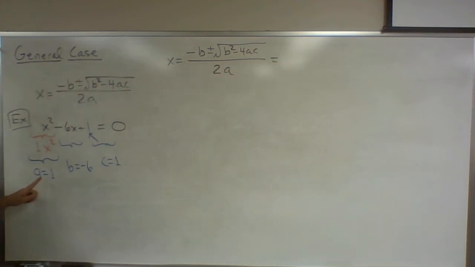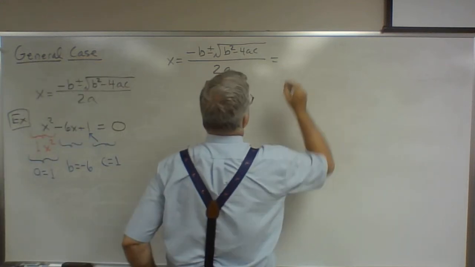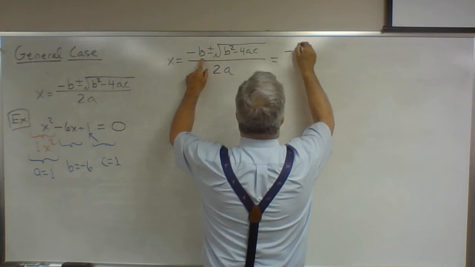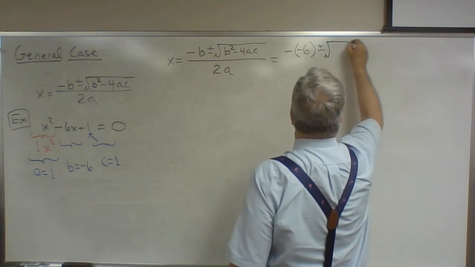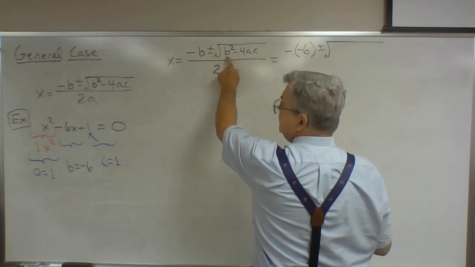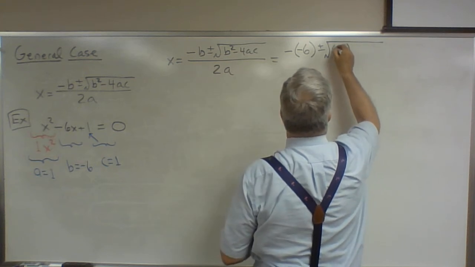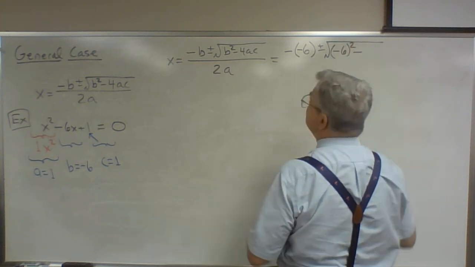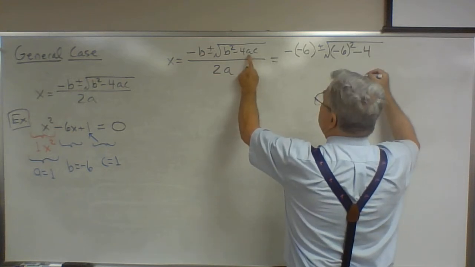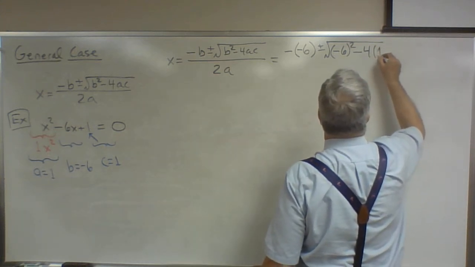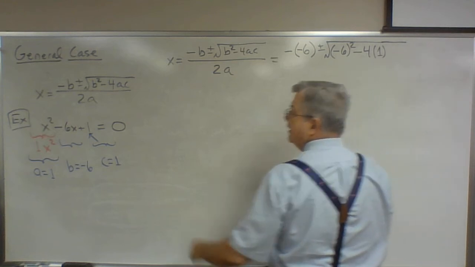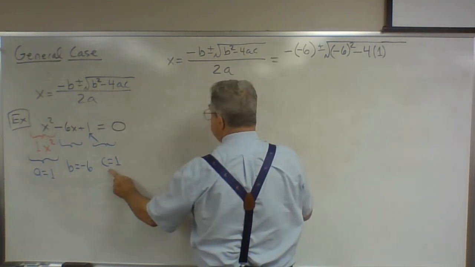So we just take these values for a, b, and c and plug them into that formula. b is negative 6, so we have negative b plus or minus the square root of b squared. b is negative 6, minus 4a. a is 1. c is 1.